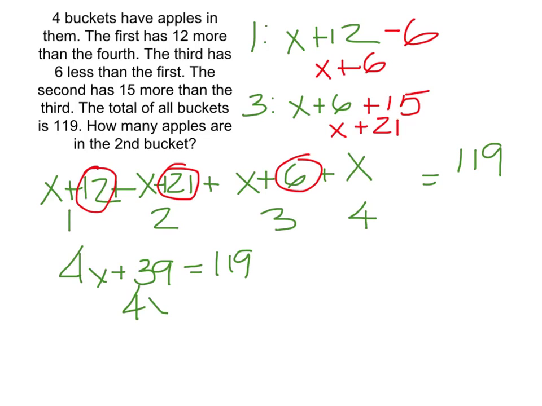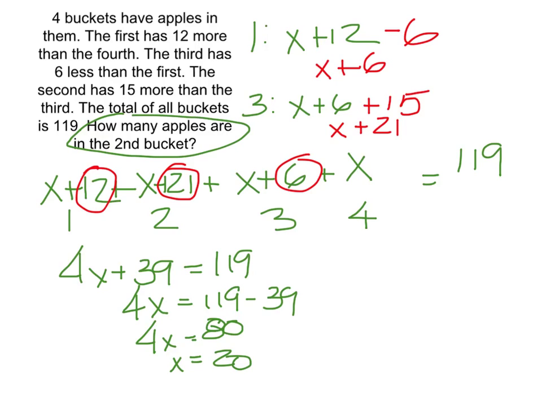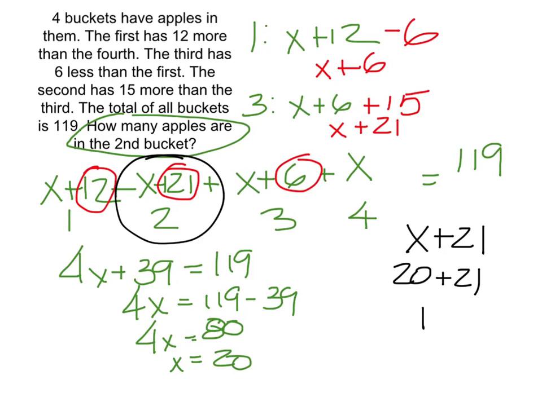Move the 39 to the right, make it a minus 39. You're left with 80. Divide 80 by 4 to get 20. How many are in the second bucket? That is X plus 21. So 20 plus 21 is 41.